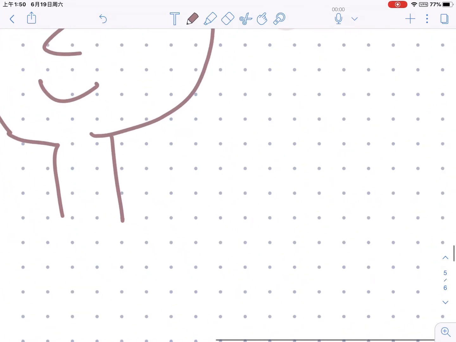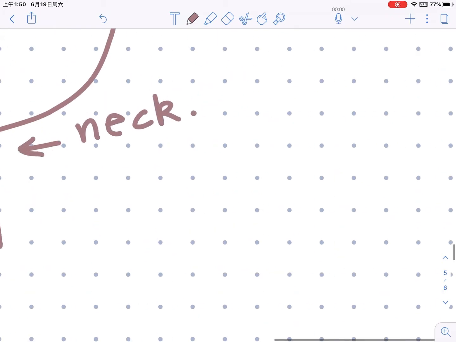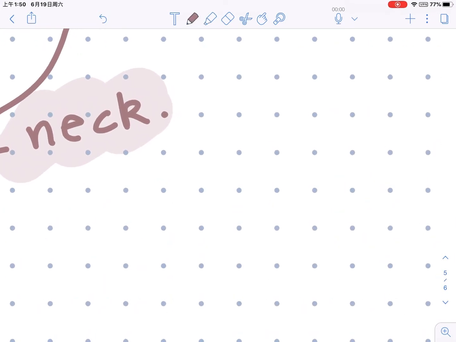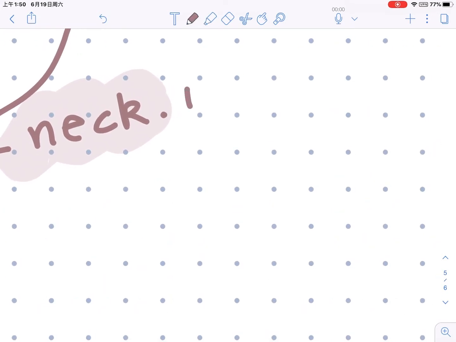Then if we go down, we will notice this guy has a neck, right? And interestingly, in Chinese, we have two ways to say neck. The first way is a little bit difficult.